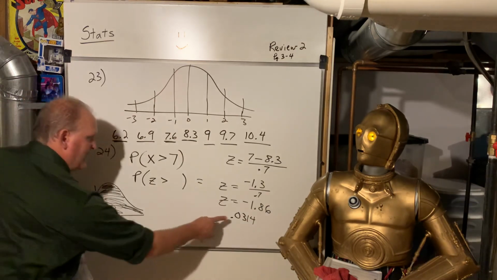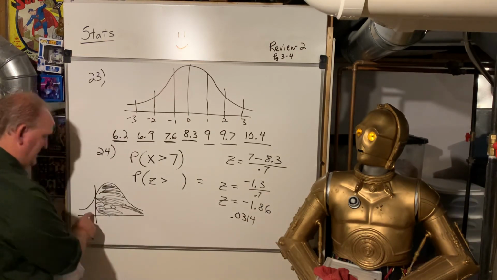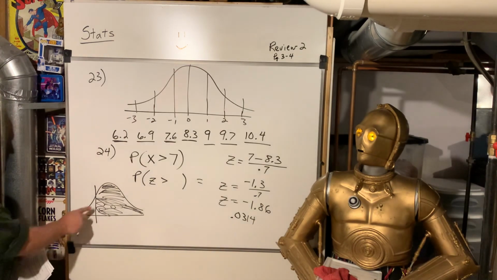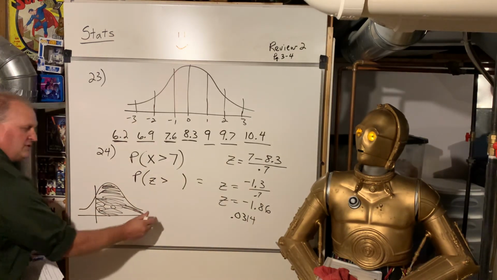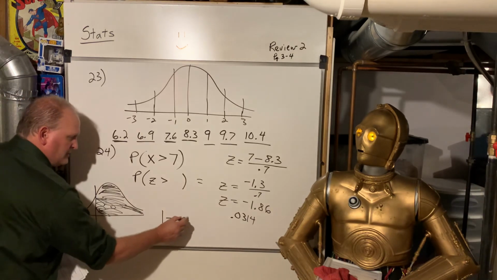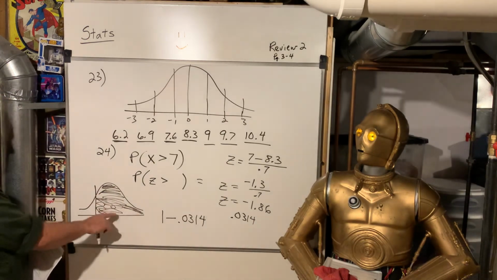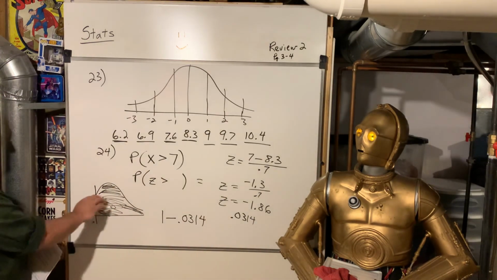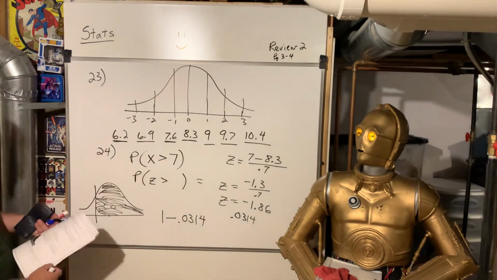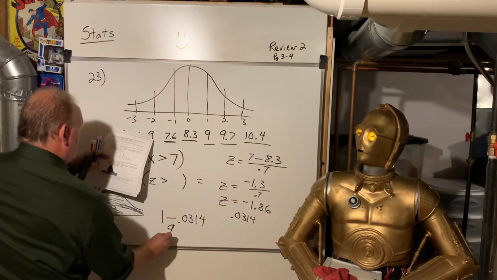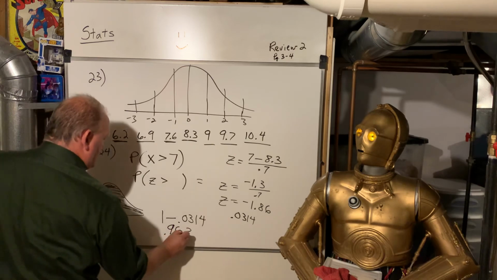Okay, but that is this part. That's 3%. We want this part. So we're going to do 1 minus 0.03. That's why it's good to have a picture, because when you look at this, this doesn't look like 3%. This looks like 97%. And so we subtract that and get 0.9686.